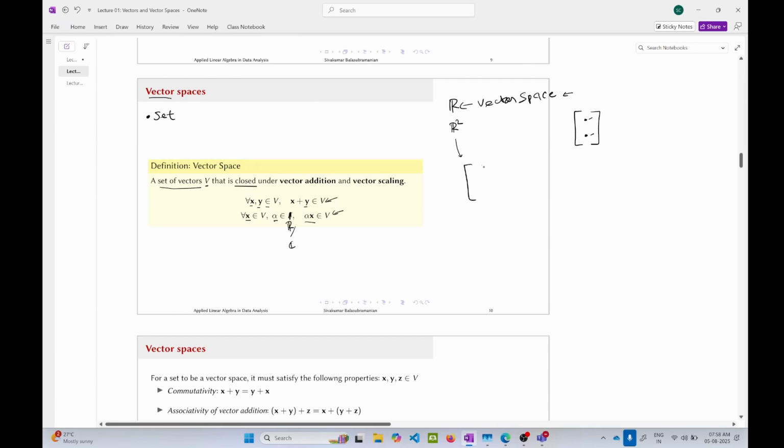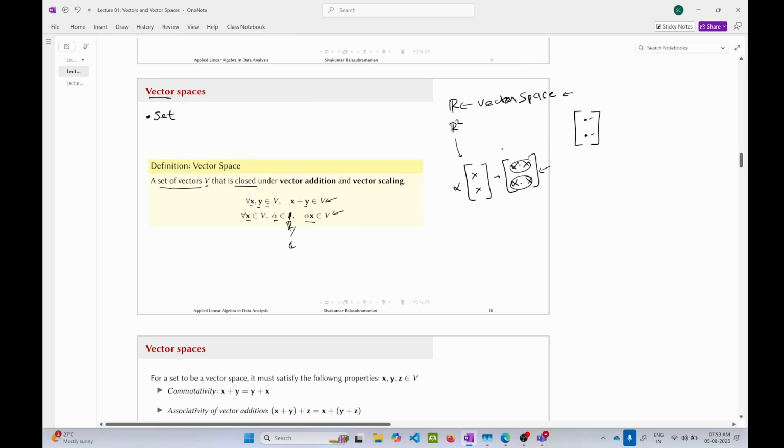Now I take some element from R2 and do scalar multiplication. I'll get alpha times the first number, alpha times the second number. This is a real number, this is a real number. That means this is an ordered list with two real numbers, so it has to be found in R2, because R2 is the set of all possible such vectors.